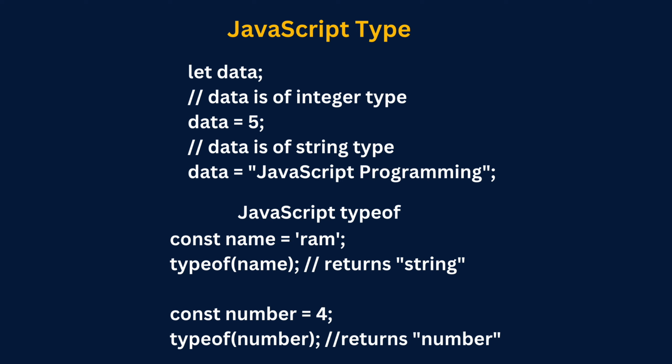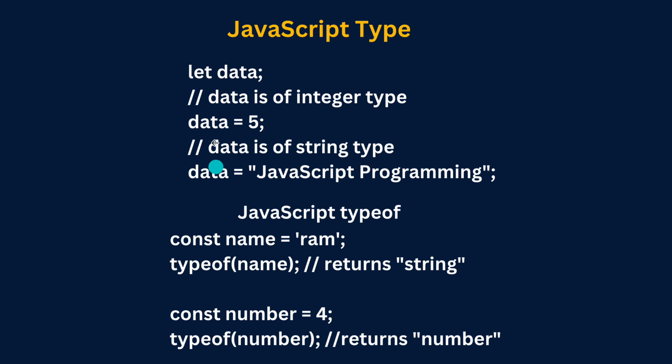Now, there are different types of JavaScript variables. Let data, and to data you give 5. Now what if you give it JavaScript programming?